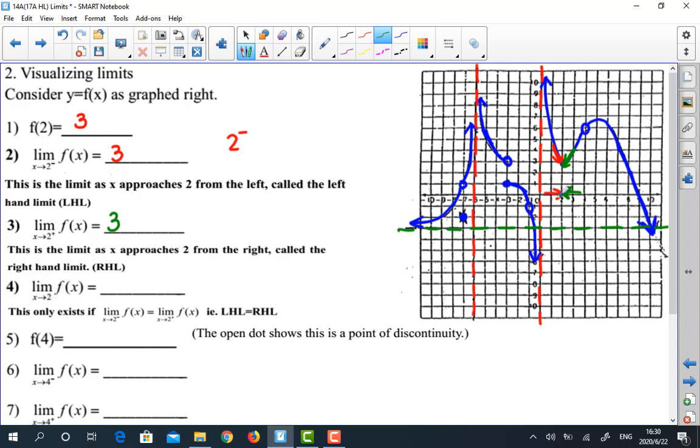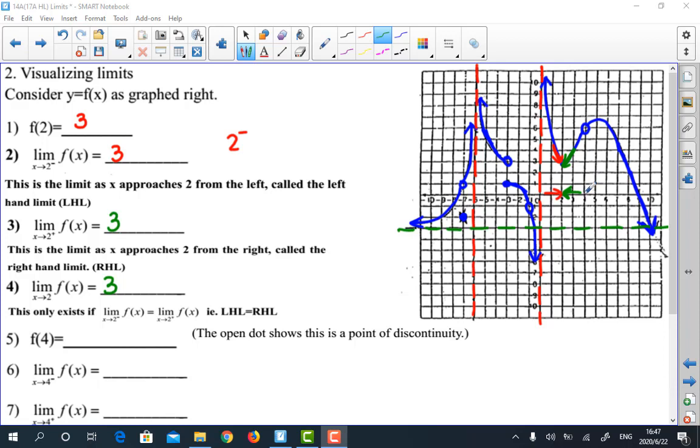When x approaches 2 from the left hand side, y is approaching 3. When x is approaching 2 from the right hand side, the y value is also approaching 3. That means when x approaches 2, no matter which side you have, this y value is approaching 3. Let's look at question number 5, f of 4. Let's go back to the graph.